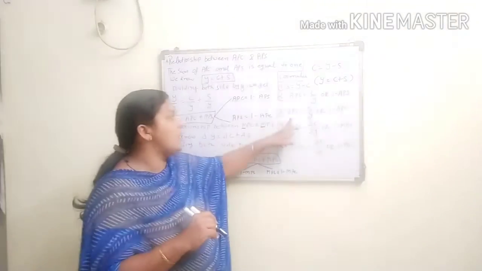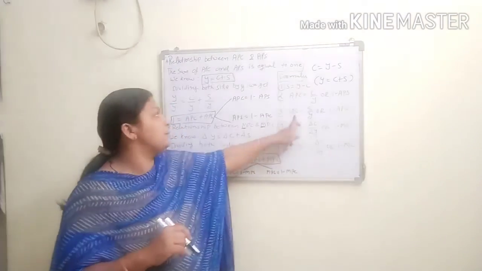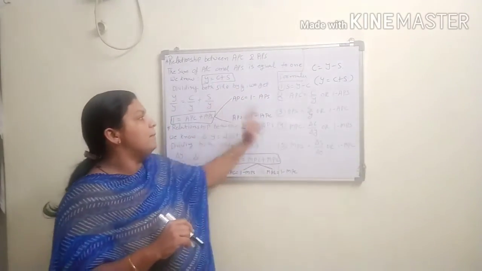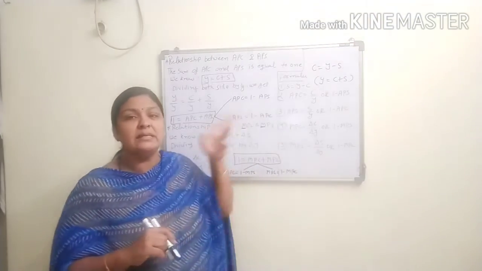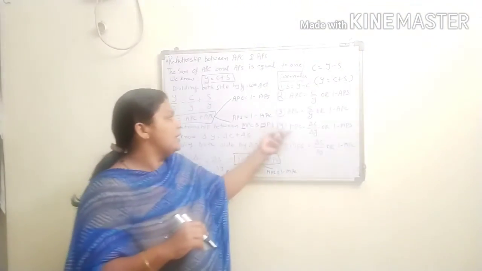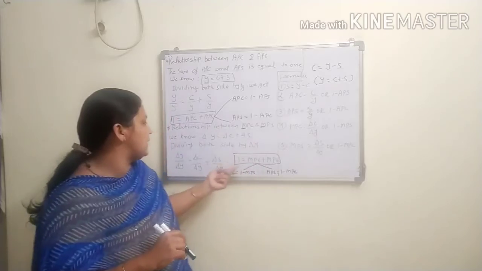Now the third formula, APS, is S upon Y, but we already proved APS equals 1 minus APC also.